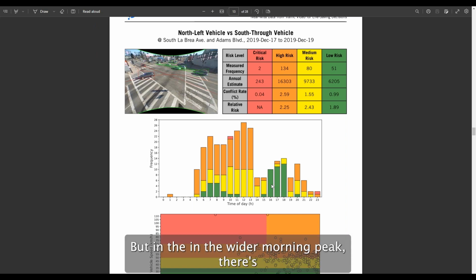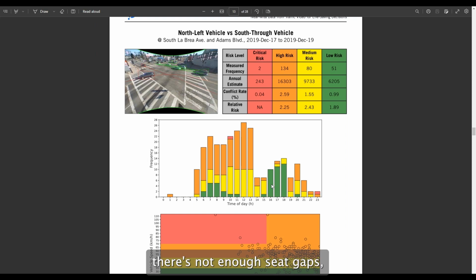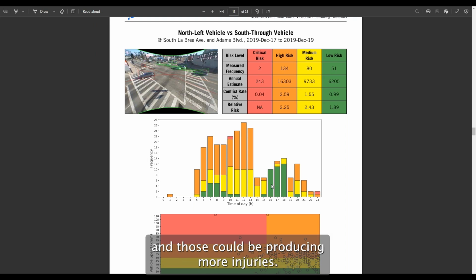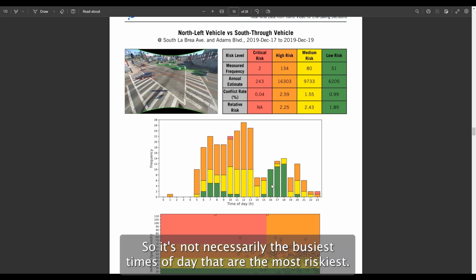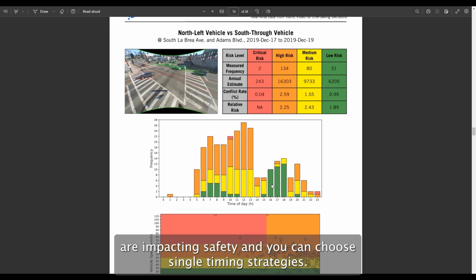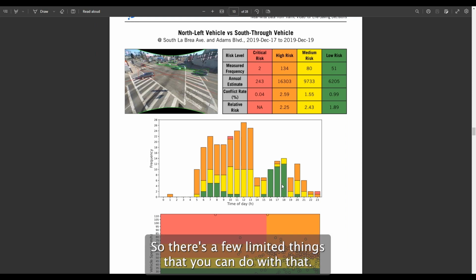But in the wider morning peak, there are not enough safe gaps, but it's not so congested that the speeds are not higher, and those could be producing more injuries. So it's not necessarily the busiest times of day that are the riskiest. It's the shoulder periods, you can see how the shoulder periods are impacting safety. And you can choose signal timing strategies. I mean, we're talking about left turns, so there are a few limited things that you can do with that.